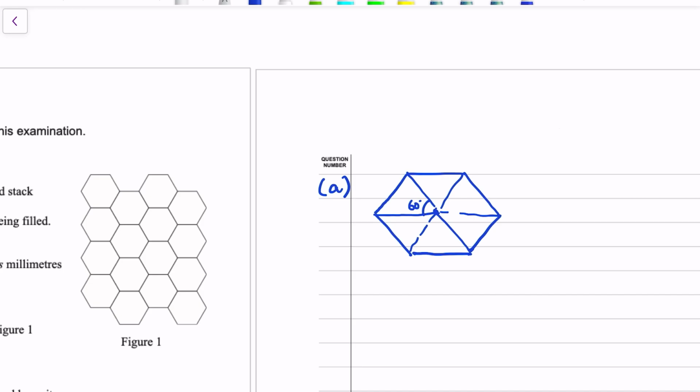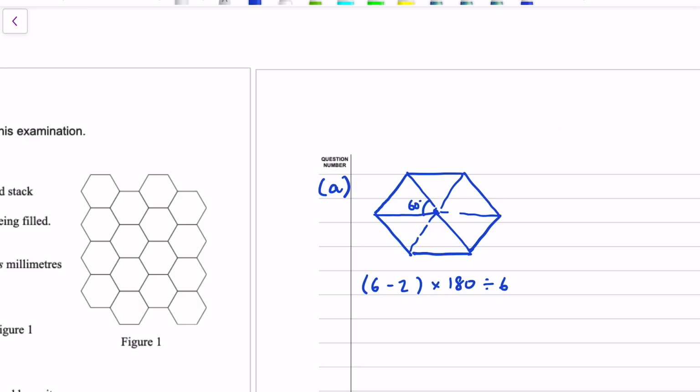If you know your rules for interior angles of shapes, then you could go n minus 2, all times 180, divided by 6 will give you the interior angles of the hexagon. So in this case, a hexagon's got 6 sides, so we're going 6 minus 2, 4 times 180 over 6, which is 120.